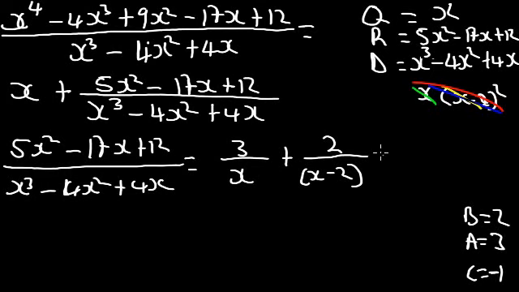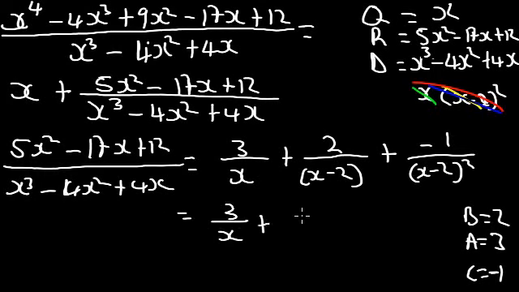Then this is negative. Let me write it so you can know how it works. Minus 1 divided by x minus 2 all squared, which becomes 3 divided by x plus 2 divided by x minus 2. Then minus 1 divided by x minus 2 all squared.